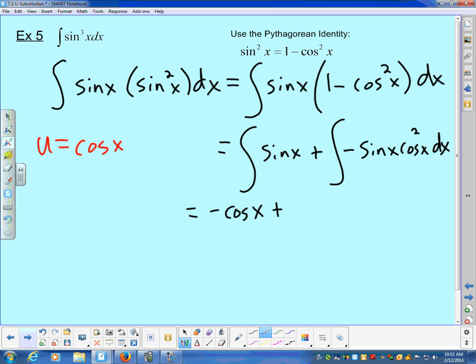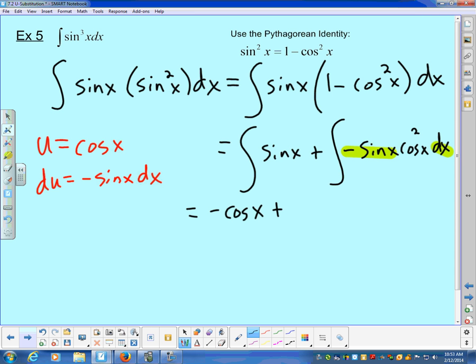That means du equals, see why I left the negative in there? Negative sine x dx. So this whole thing reduces to du, u squared.